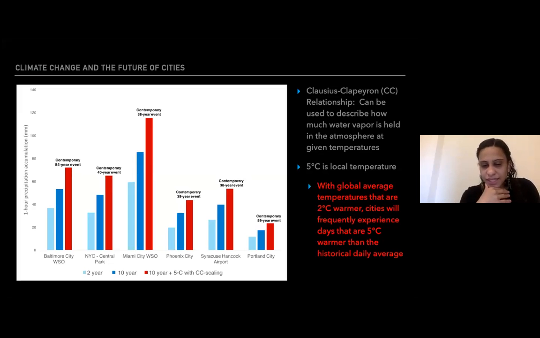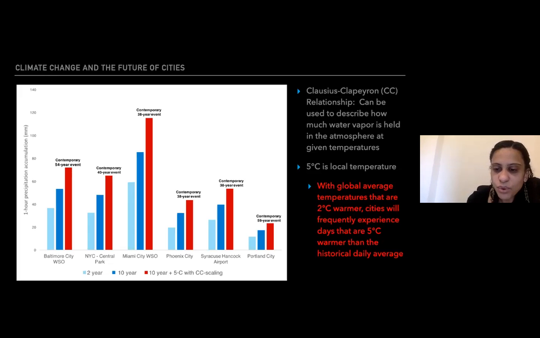So if you think about the design of our storm sewer infrastructure, what is now the event that would occur with the frequency of 10 years, if we think about the effects of warming temperature on atmospheric moisture, we can expect, for example, in New York City, the type of rain event that would occur with a 40-year return interval could be expected as frequently as every 10 years.